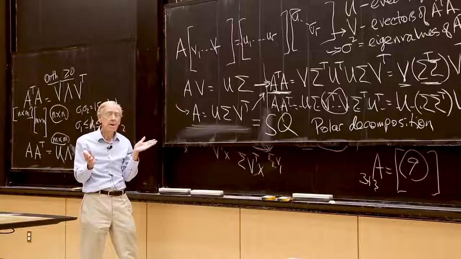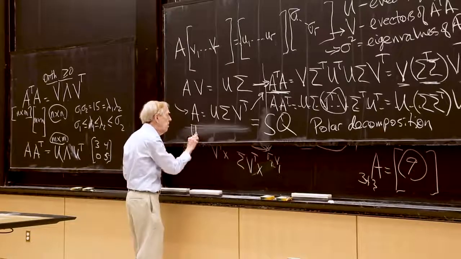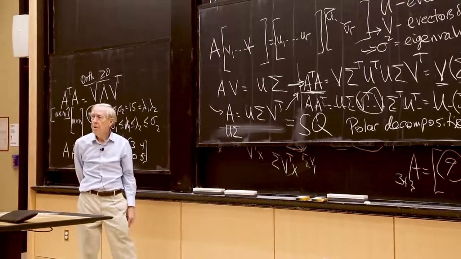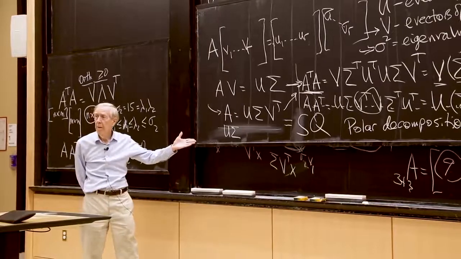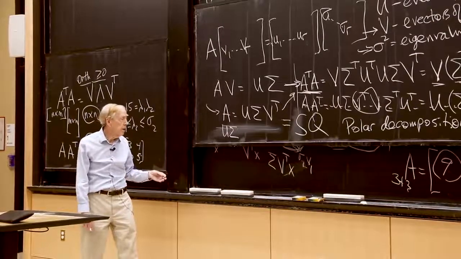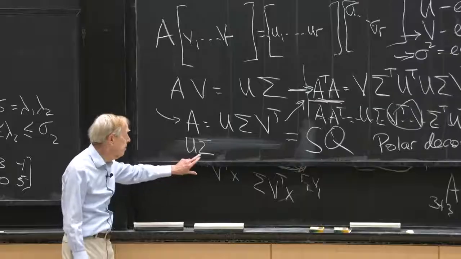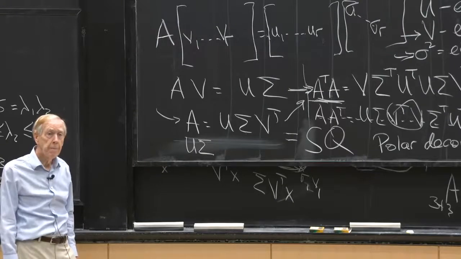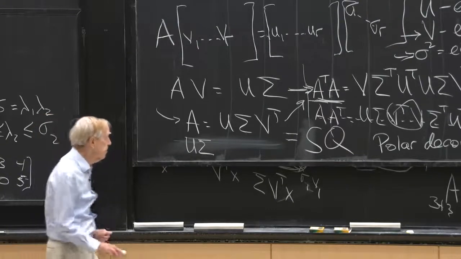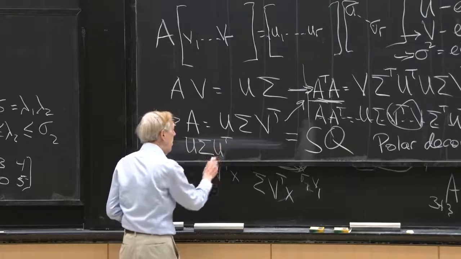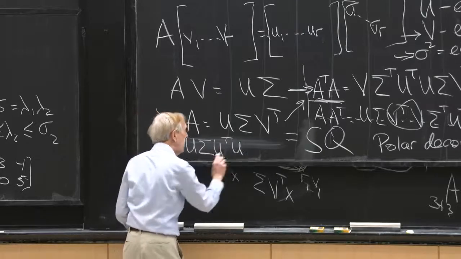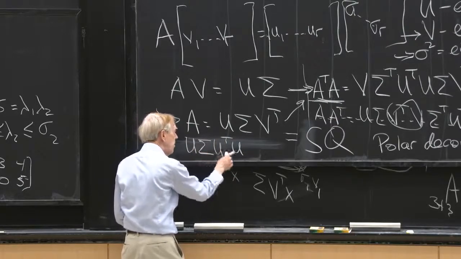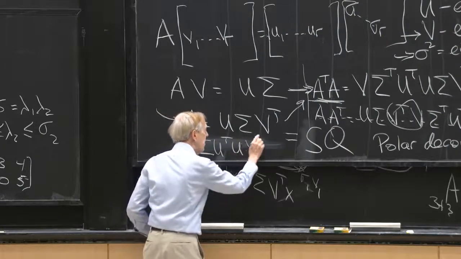To get an S, let me just start: U sigma, but now I'm looking for an S. If I've got U sigma something and I want it to be symmetric, I should put in U transpose. But then if I put in U transpose, I've got to put in U. So now I've got U sigma U transpose, and U transpose U is the identity. Now I've got to get V transpose.